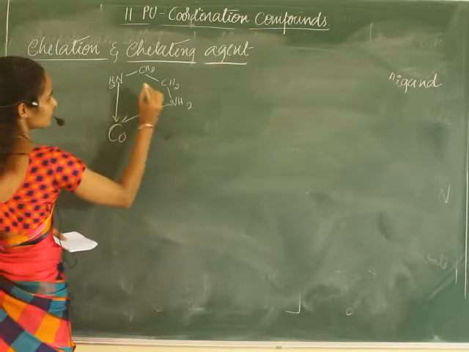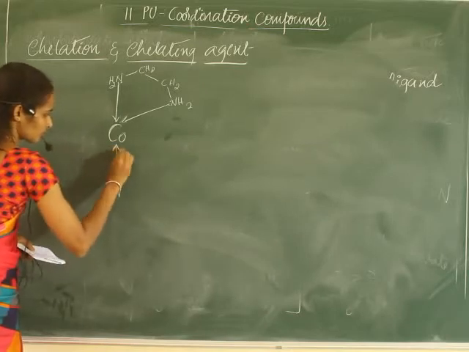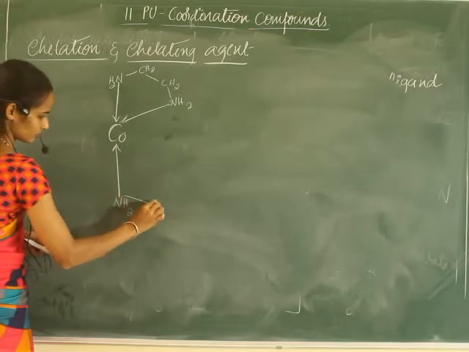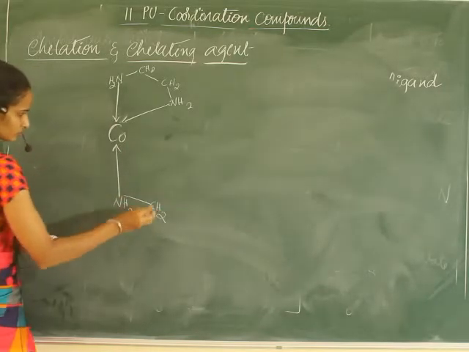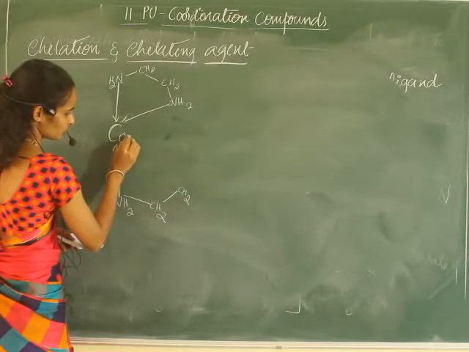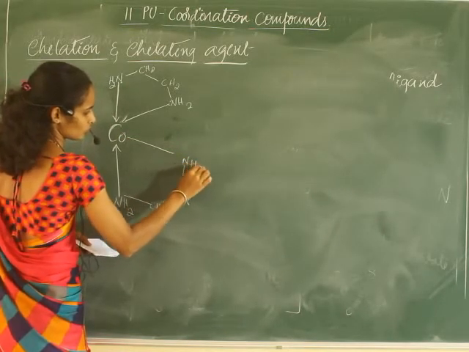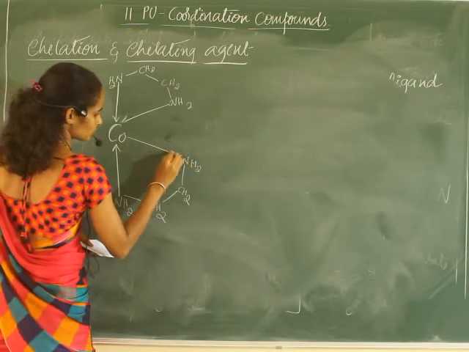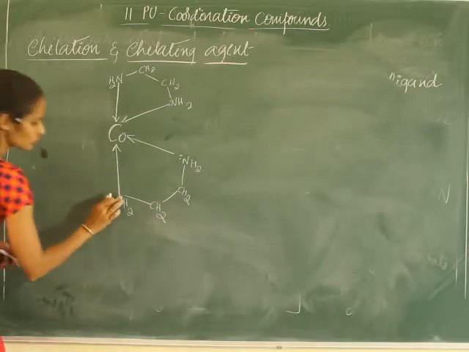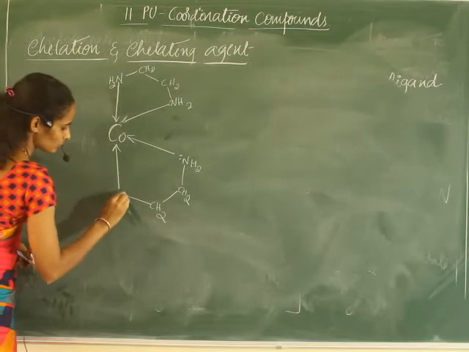Cobalt, NH2, again CH2, bonded to nitrogen. Here this nitrogen can donate a lone pair of electrons, and here also.